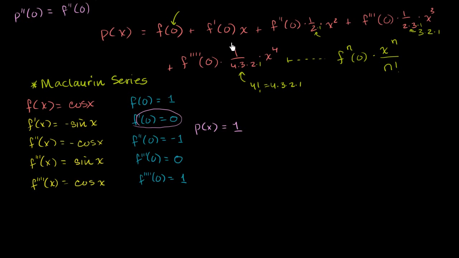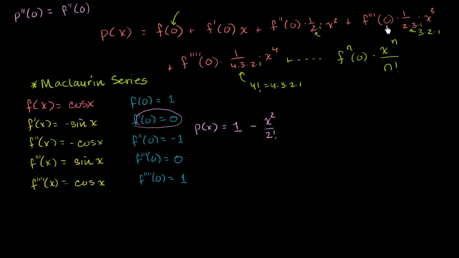Then plus f double prime, or its second derivative, which is negative 1. This is a negative 1 right here, times x squared over 2 factorial, which in this case is just going to be 2. But I'll just write it down here as 2 factorial. It'll make the pattern a little bit more obvious.